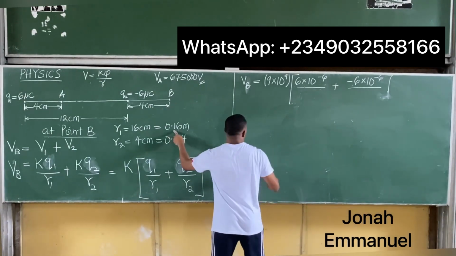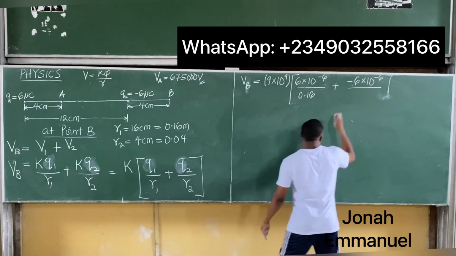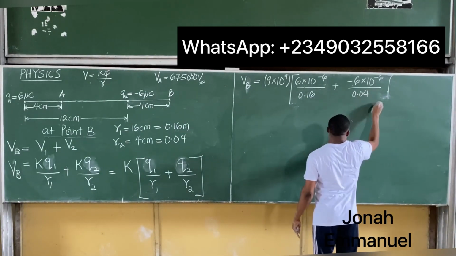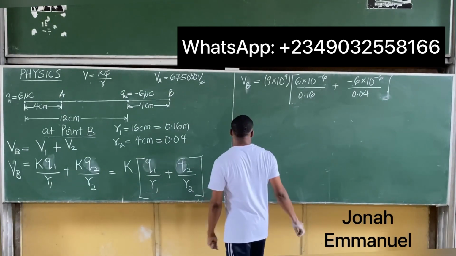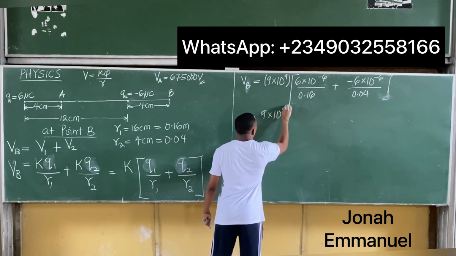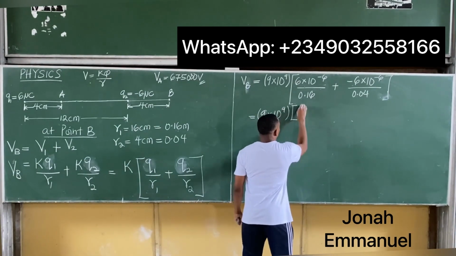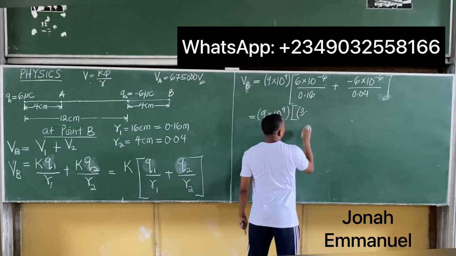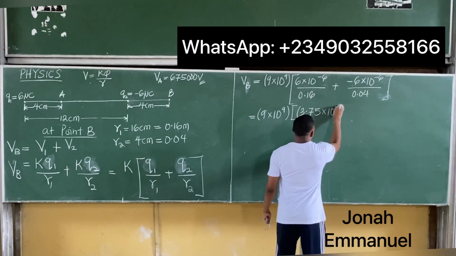So R1 is now 0.16, R2 is 0.04. Just the same formula and everything, just changing distance. That is equal to 9 times 10 to the power 9. Please give me this value. What do you have? This one here, 3 point something times 10 to the power minus 5.